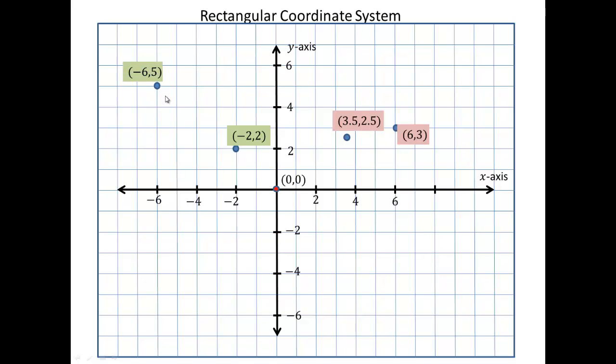So that would be -6. When you go to the left, you have negative numbers. When you go to the right, you have positive numbers for the x coordinate. When you go up, you get positive numbers for y. When you go down, you get negative numbers for y. So we're just going to go through and label a few points, and see if you can understand why the coordinates are labeled the way they are.